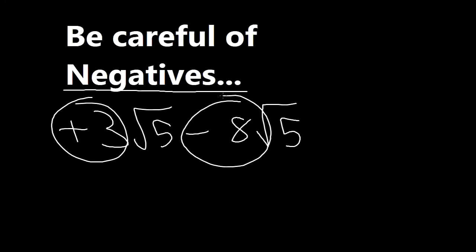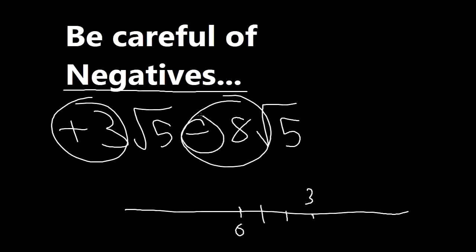What you've got to remember here is, if you have a plus 3 on the number line, let's say our zero is here, then 1, 2, 3. If we're going negative, you go away from positive infinity, which is over here, and towards negative infinity, so going more negative. If it was positive, you'd go this way.